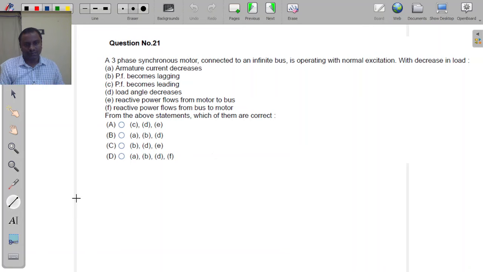So the synchronous motor is connected to an infinite bus and operating at a nominal excitation.